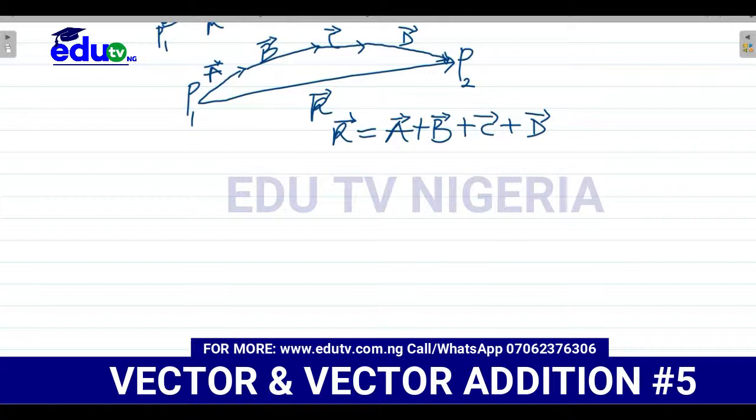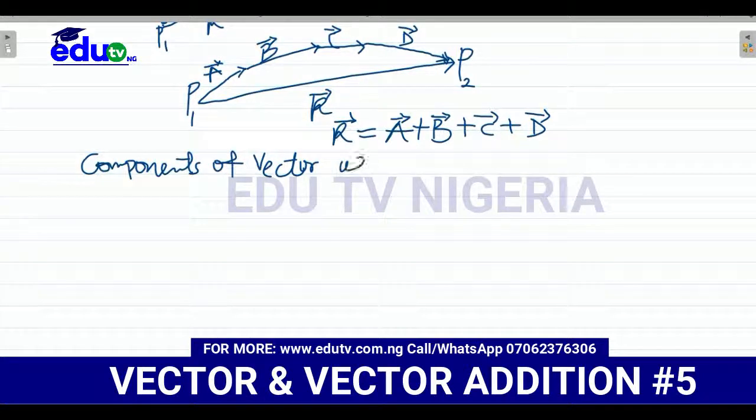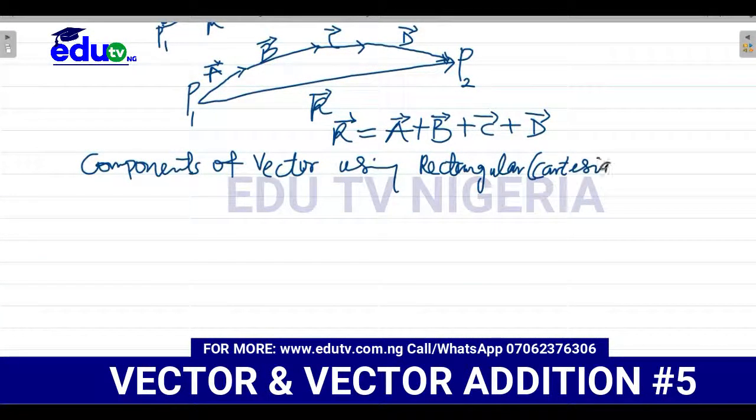Now, components of a vector using rectangular, also called Cartesian, coordinate system of axes.